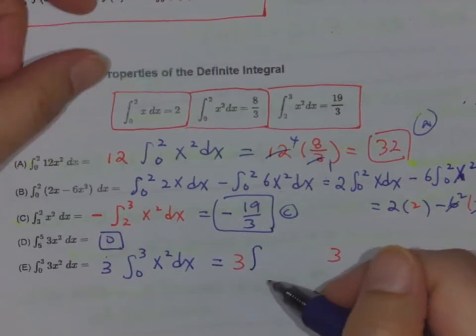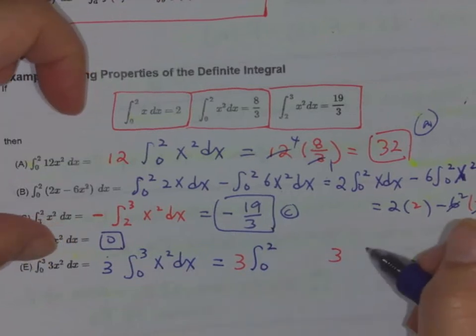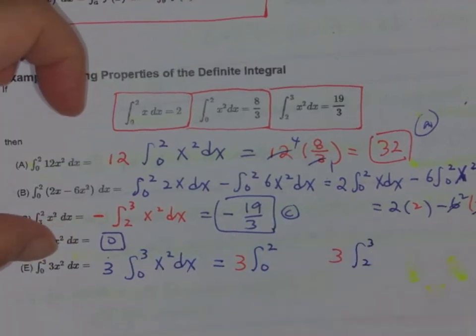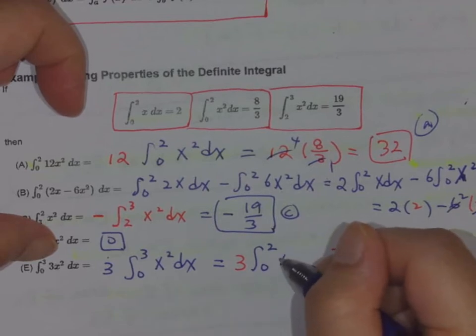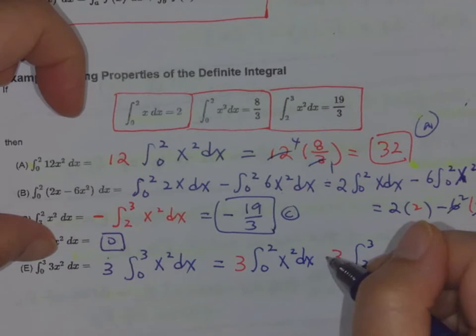The first one I can cite from 0 to 2 and then pick up from 2 to 3, right? And for both of them we get x squared dx, and then this is supposed to be adding together.